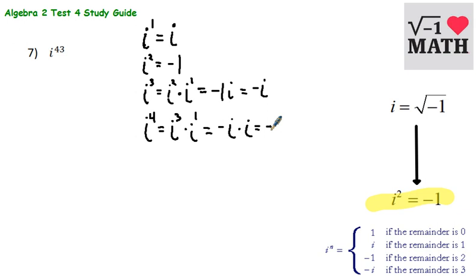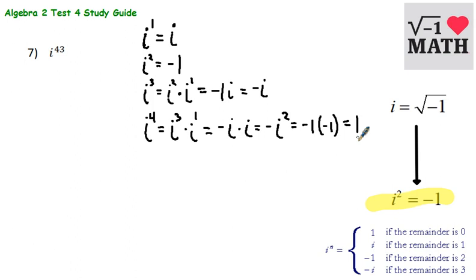Oh, wait, hold on. Let me back that up real quick. Well, we actually don't have to back that up entirely. We can continue with our thought here. -i times i would be -i squared, and we know that i squared is equal to -1. So -1 times -1 would be +1.